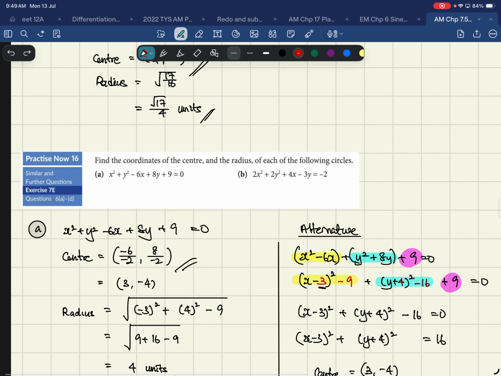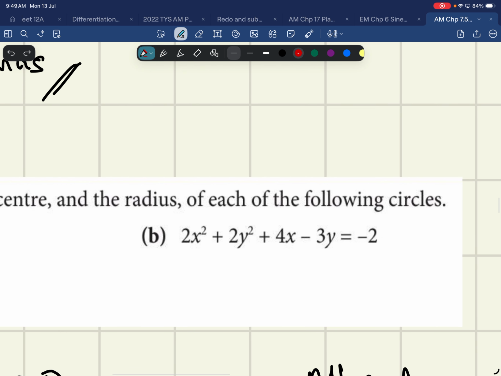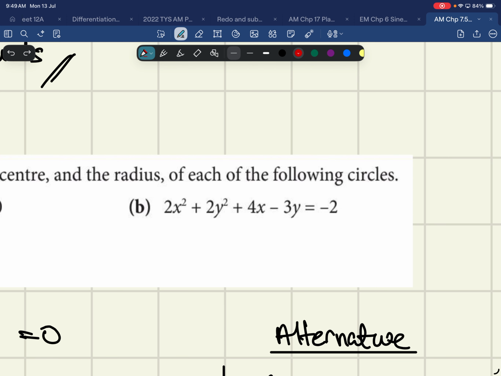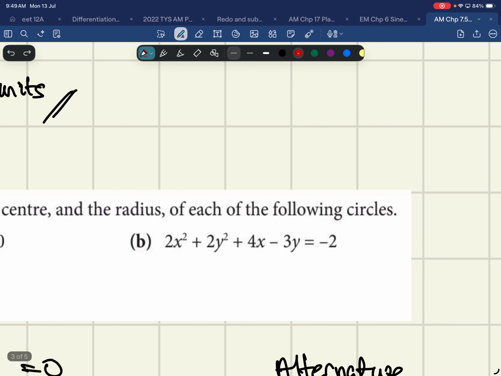Can I next ask you to try practicing question 16B. Remember what is the number one criterion? To make sure that the x squared and y squared have a coefficient of positive 1 only.